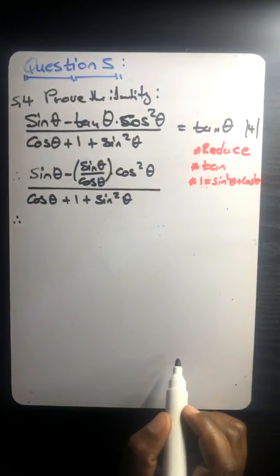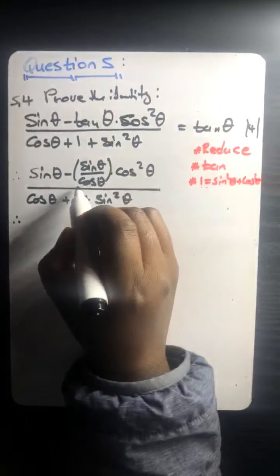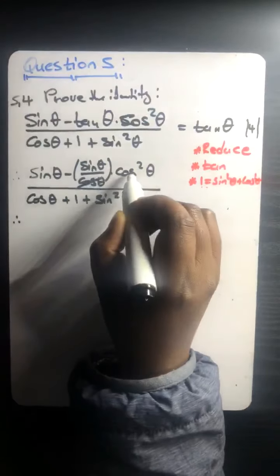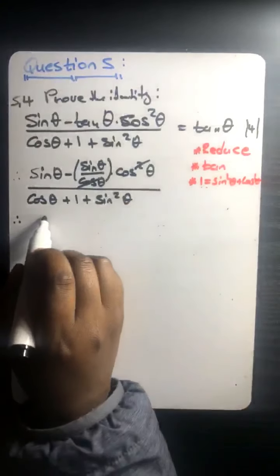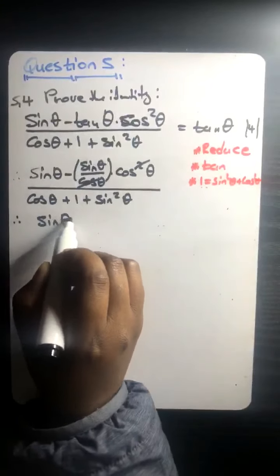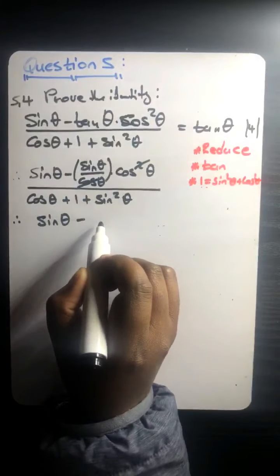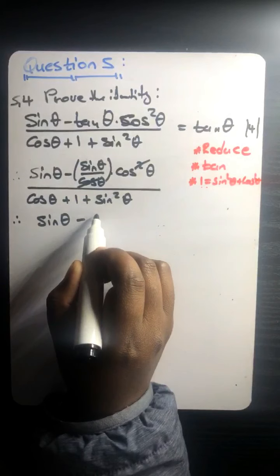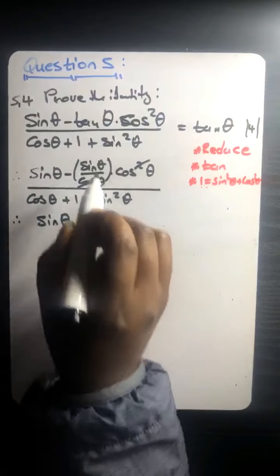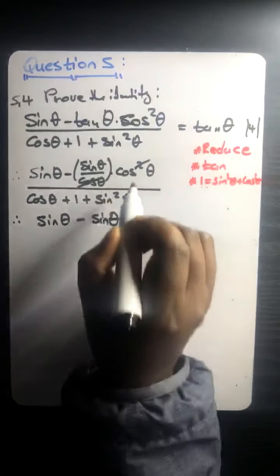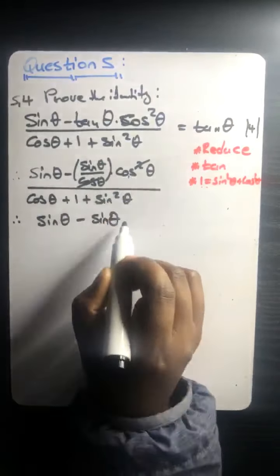So now I'm not sure if you guys notice that this cos will cancel with one cos from those two coses, which means we are remaining with sine angle minus sine angle, and also one cos in there.